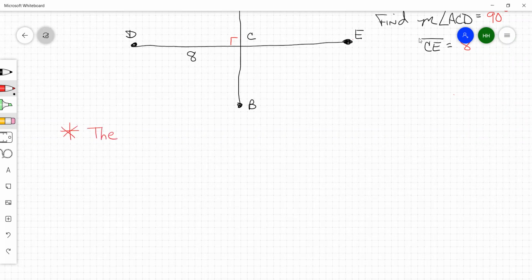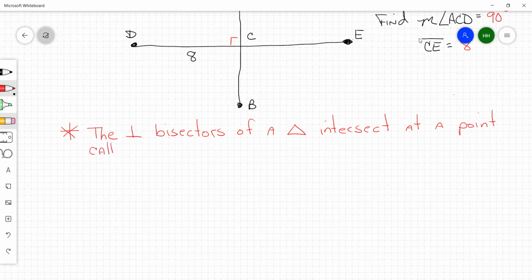The perpendicular bisectors of a triangle intersect at a point called the circumcenter.